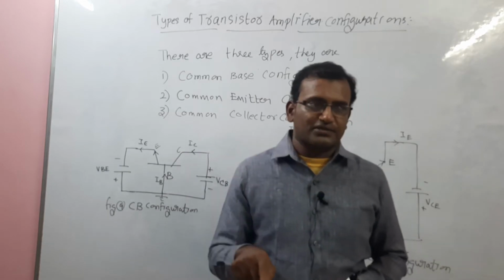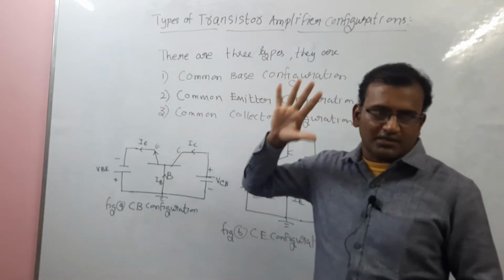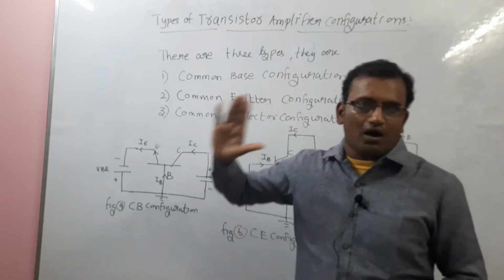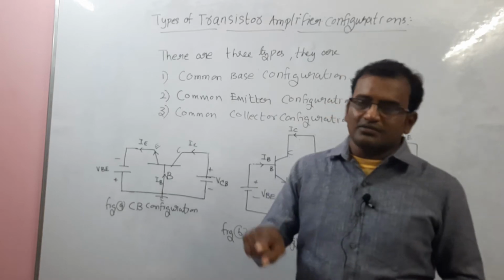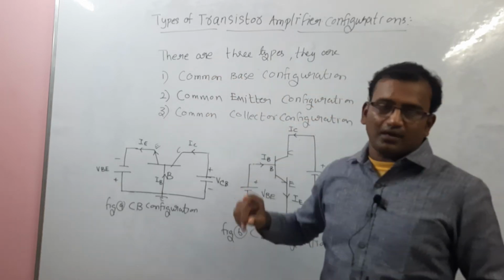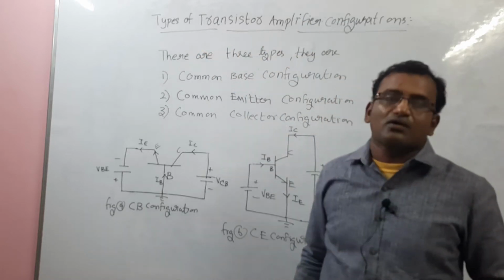Based on these three connections, they are named configurations. So based on these three pins, it is named common configurations. That is nothing but types of transistor amplifier configurations.